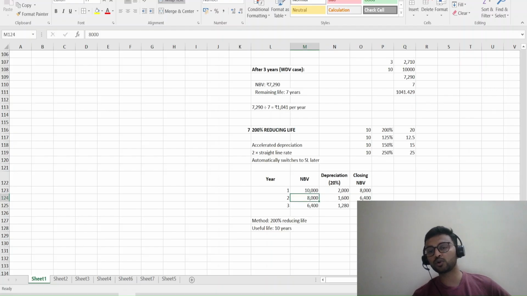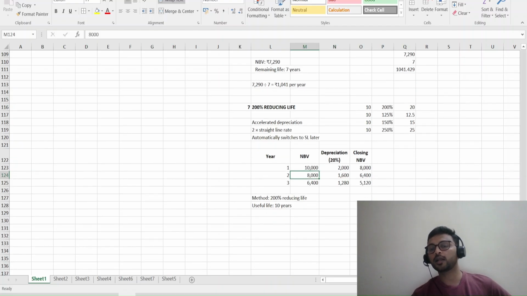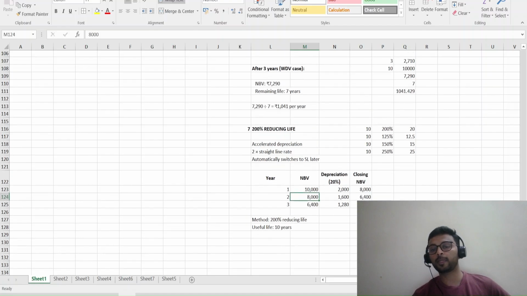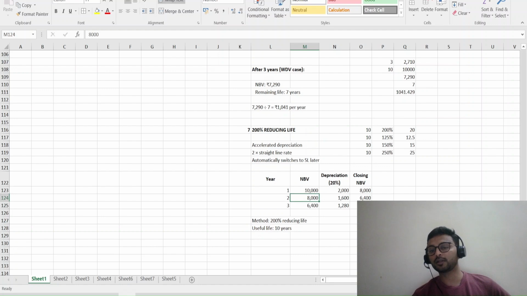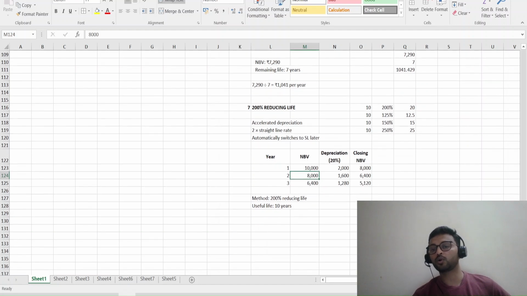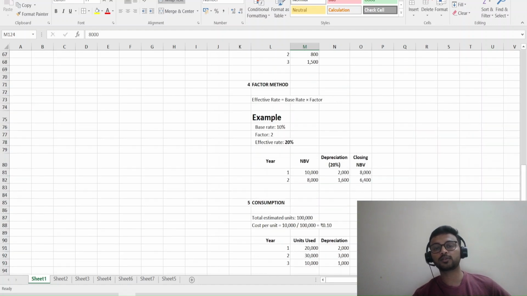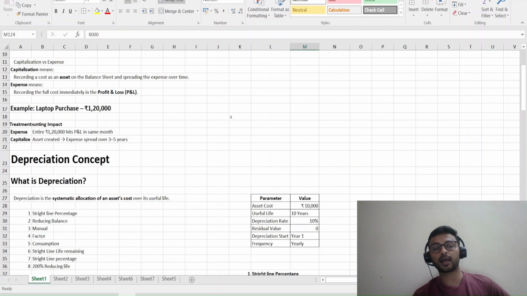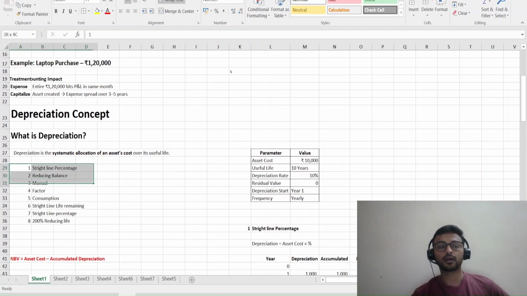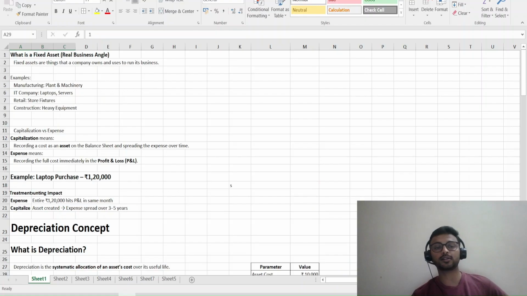For year 2, it becomes my opening NBV, and it will again calculate 20% depreciation on 8,000. That is called the reducing NBV method, or WDV method. That's how it will work. All these types of depreciation we can configure and use in D365.